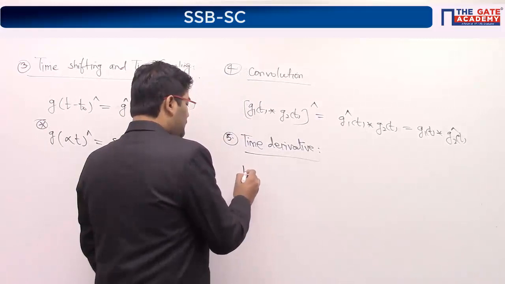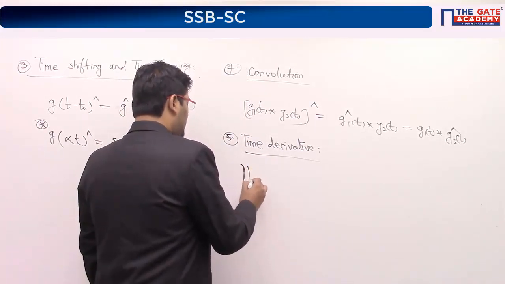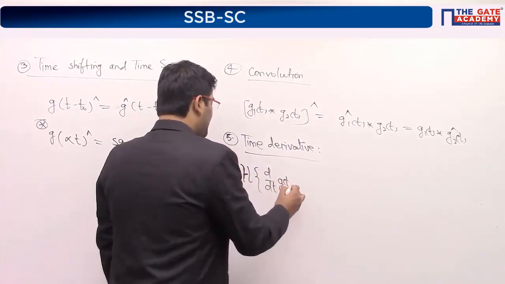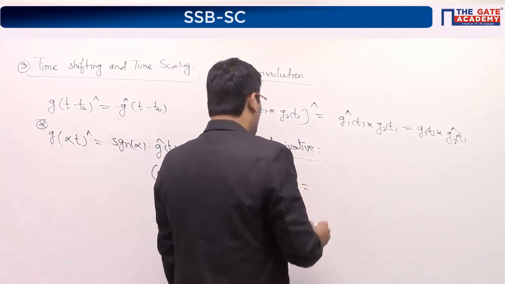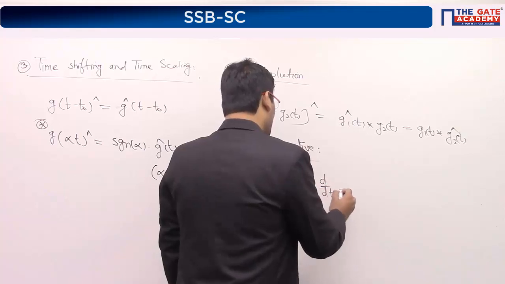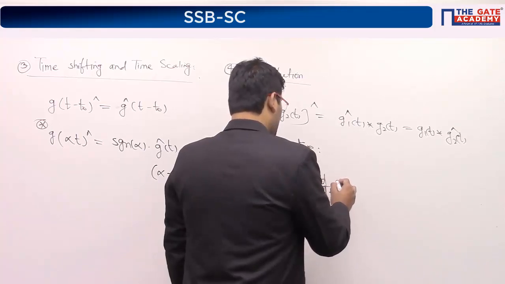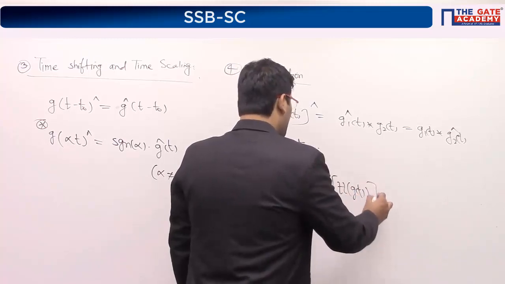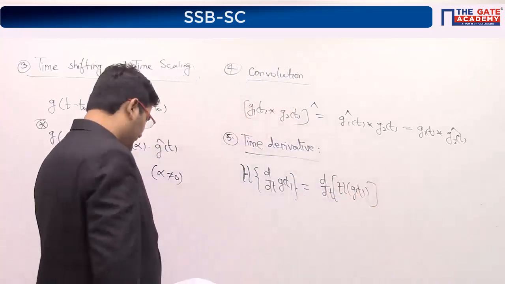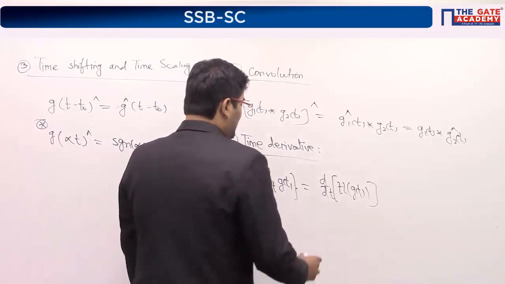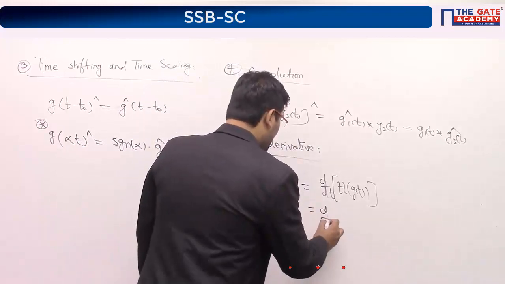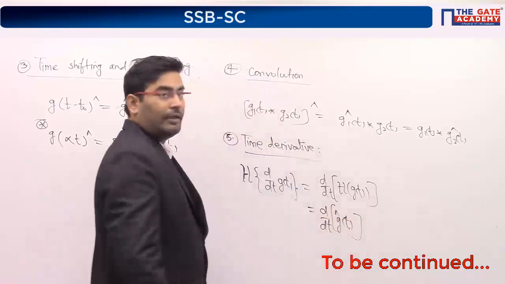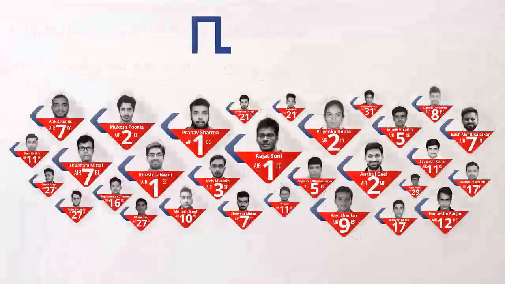If you want to take the Hilbert transform of d by dt g(t), it is equal to the differentiation of the Hilbert transform of g(t). So actually the Hilbert transform goes inside, and then you can also differentiate. What I am trying to say is, you can take the Hilbert transform g hat(t) and then differentiate. Okay?